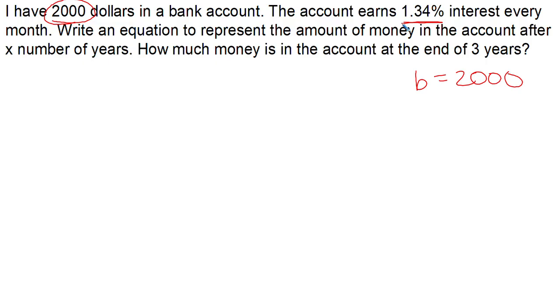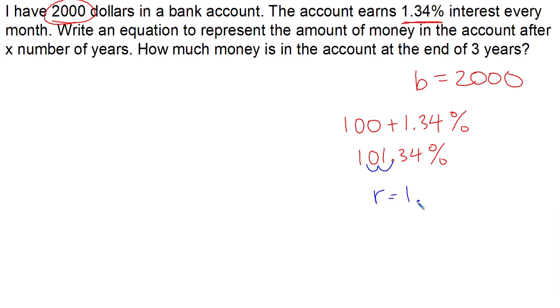So this time we have 100% plus our 1.34% gives us 101.34%. To figure out what our R value is, we just need to take that decimal and move it over 2 spots. So our R value is going to be 1.0134.